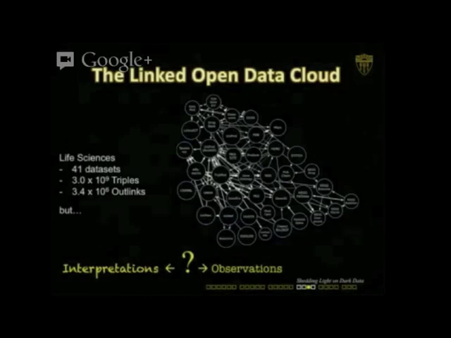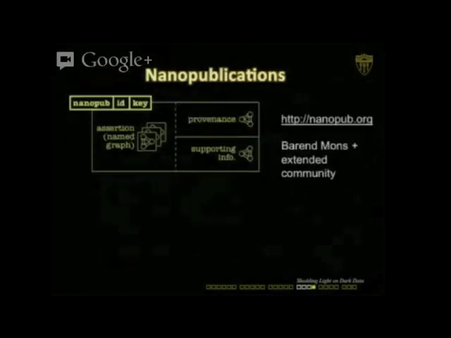And now I'd like to also mention an approach that's being put forward by Barend Mons and an extended community of people, which is called nanopublications. The idea is that you can find a representation in RDF that contains a named graph that stores a scientific assertion or a scientific data set, some form of representation that could be fairly general purpose and could be lots of different types of format.